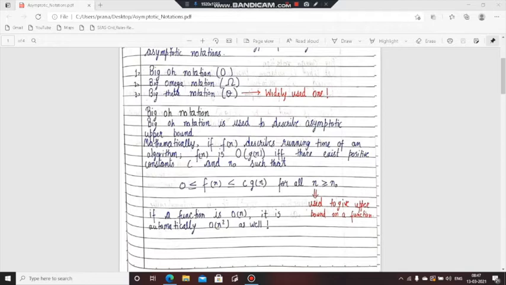Now, if f(n) lies between 0 and the g(n) function for all n greater than or equal to n naught, then the function is big O of n or the function is big O of n square.